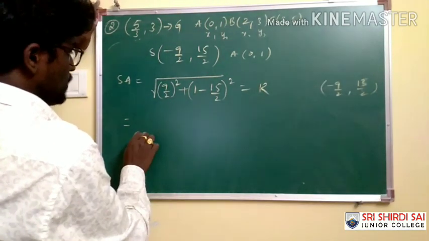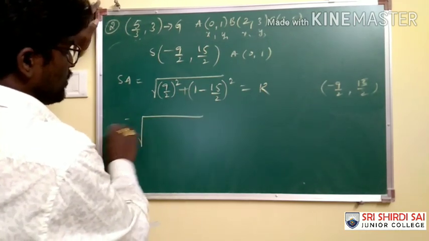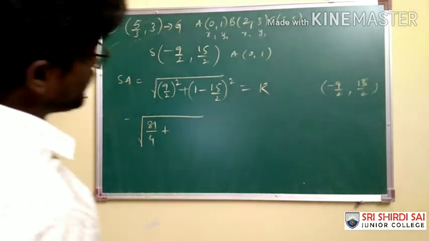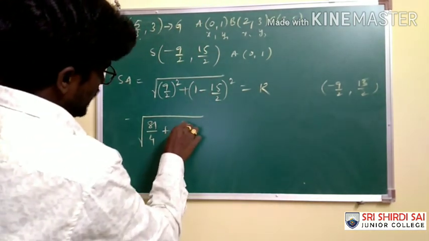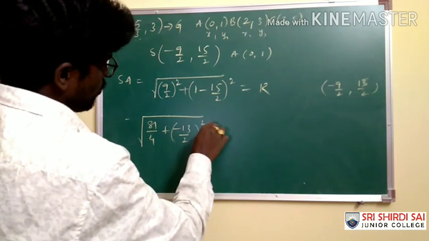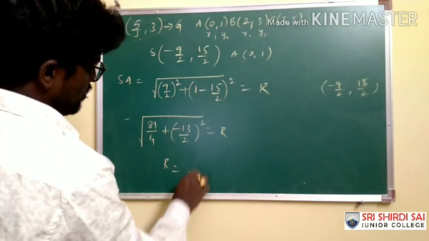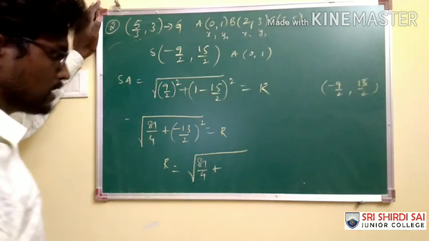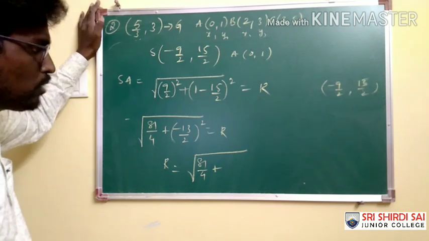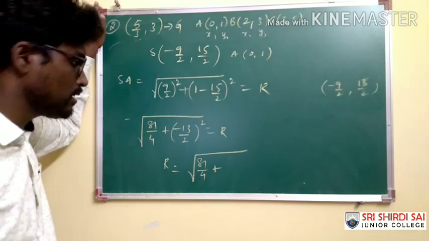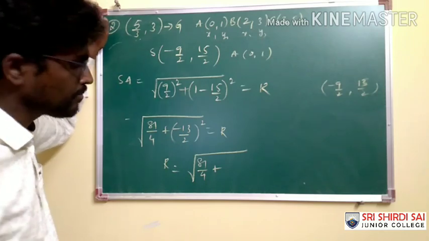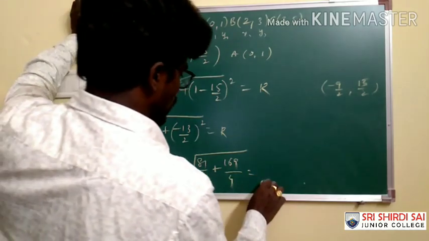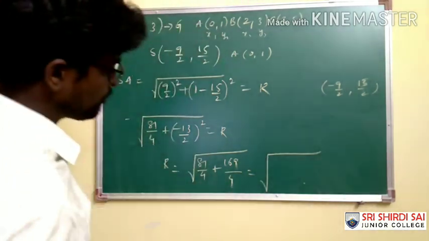Therefore, on simplifying this, you will be getting 81 by 4 plus (1 minus 15 by 2, that is minus 13 by 2) whole square, which is equal to R. R is equal to root of 81 by 4 plus 13 square. What is 13 square? 11 square 121, 12 square 144, and 13 square 169. You have to learn squares up to 25. It is compulsory. 169 by 4. So on simplifying further, what are we getting?